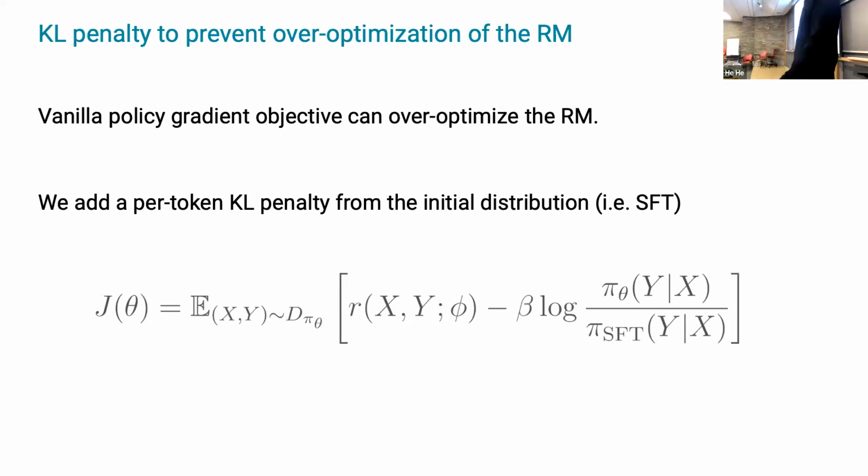But if you don't have it, the policy can become anything. If you train long enough, it can become completely reward hacked and not even a language model; it doesn't even generate language. That would result in a really high KL divergence here. So it keeps you a language model even though you're being RL trained. That's how I think about it.